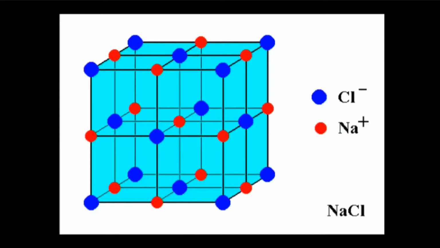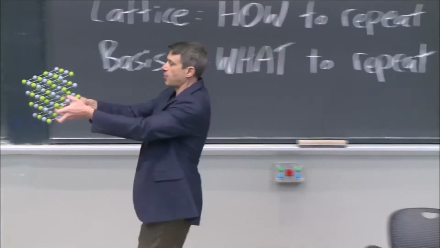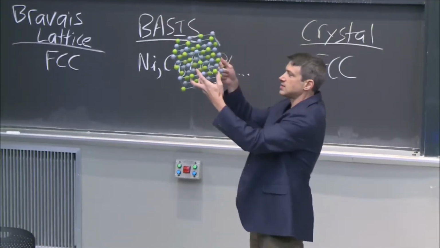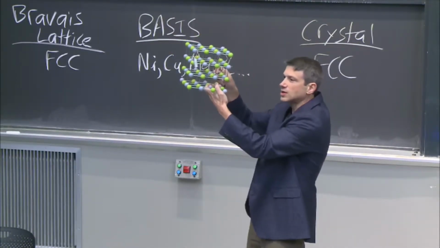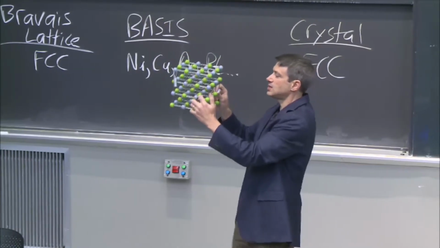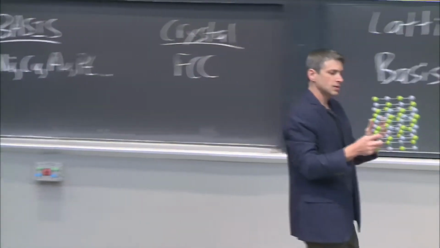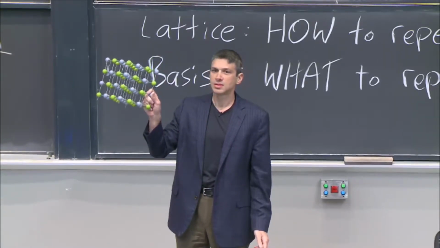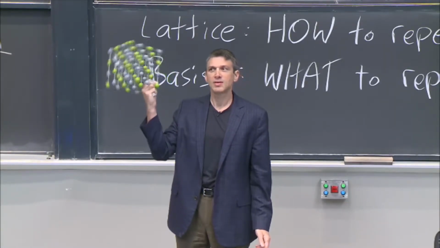But at the same time, if my basis, check this out, this is salt. When you pour salt on your food, you do not see it anymore except as this. This is salt. Is it simple cubic? Is it though?